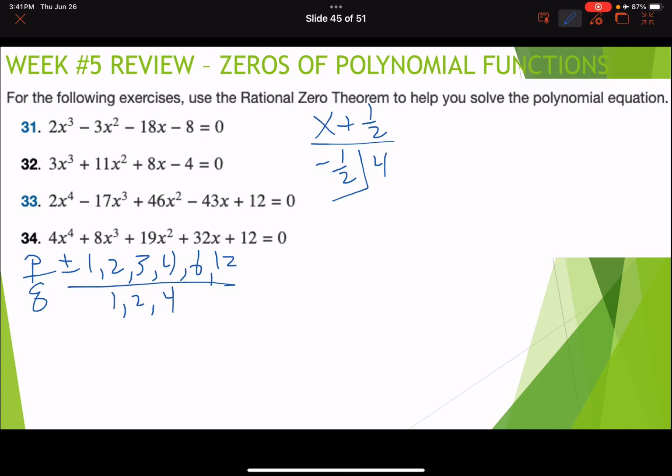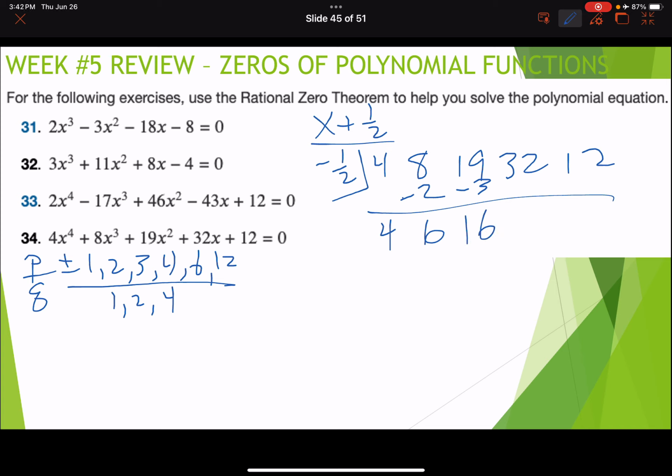We put 4, 8, 19, 32, and 12, which leaves us with negative 2, and 6, and negative 3, and 16, and negative 8, and 24, negative 12, and 0.